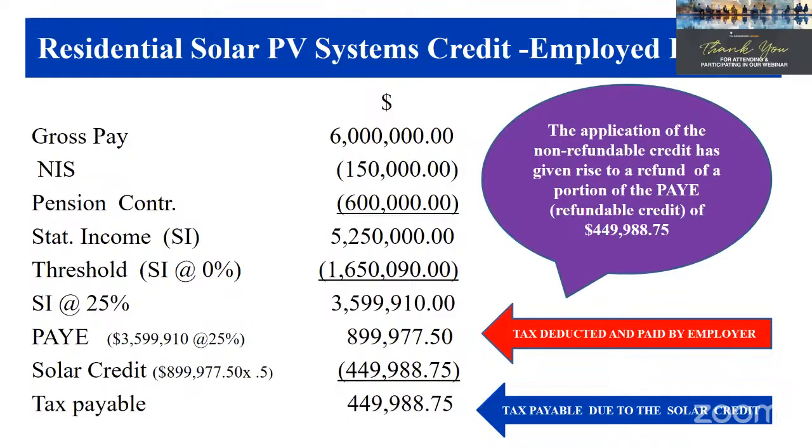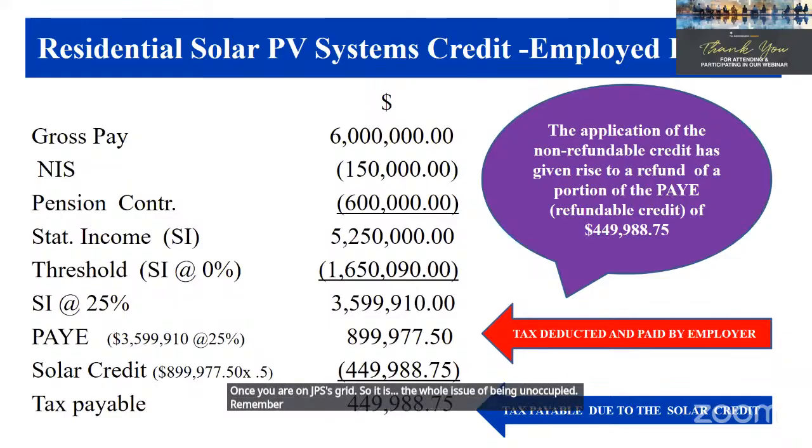So, in order to be eligible for the credit, you need to have a license from the Ministry of Science, Energy, and Technology once you're on JPS's grid. So it is the whole issue of being unoccupied. Remember, if the house is unoccupied, it would not qualify for the credit.